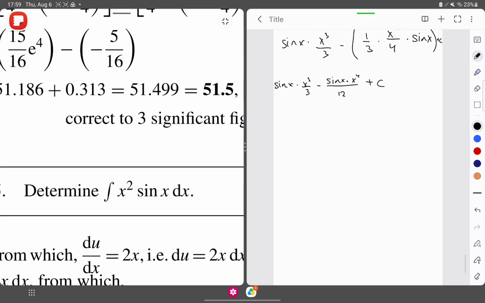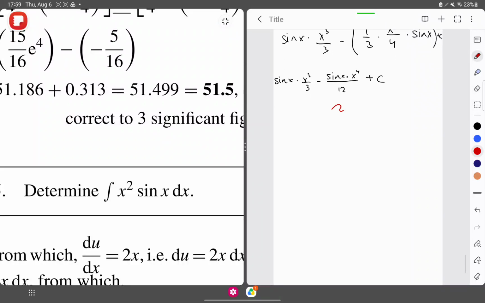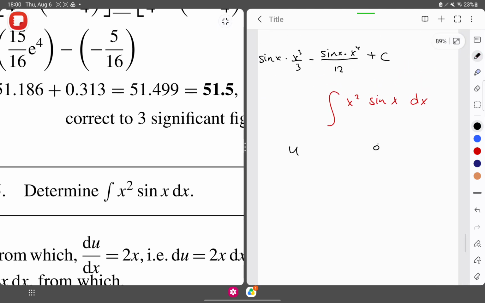So I just want to rewrite it: x squared sine x dx, and that is our u, and this one dv, that will be du, that will be v. u is x squared, du is 2x dx, dv is sine x dx.